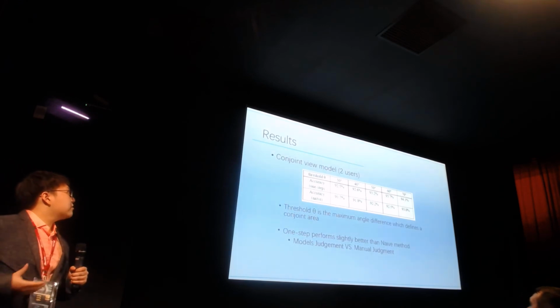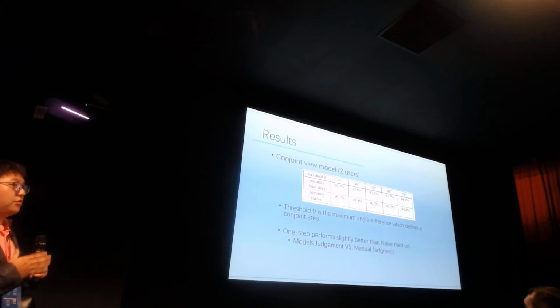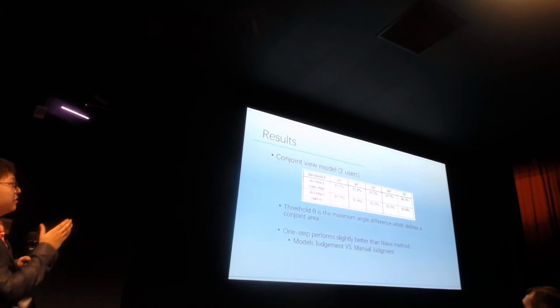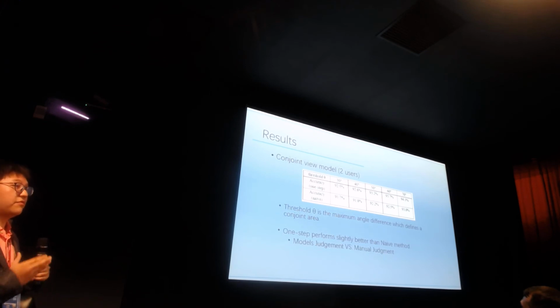And for the results of the conjoint view model, we applied it only on 2 users to see the performance. And we defined a threshold theta, which is the maximum angle. And this angle defines a conjoint area. For example, 70 degrees means that we judge that there is a conjoint viewport under 70 degrees of difference.